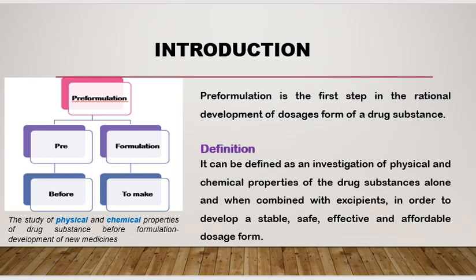It can be the API alone, or it can be the combination of the API and the excipients in order to form a drug product or a stable, safe, effective and affordable dosage form. So we can say that preformulation studies are one of the most important crucial steps in the formulation of any kind of dosage form.